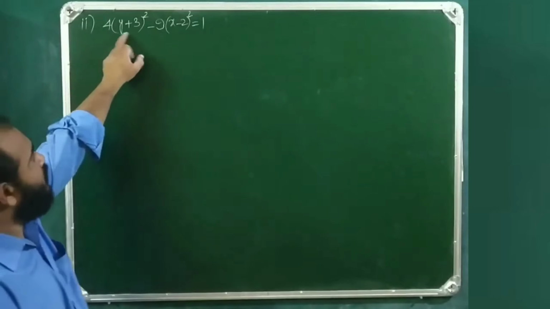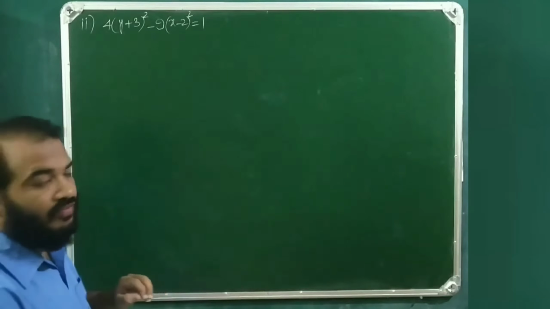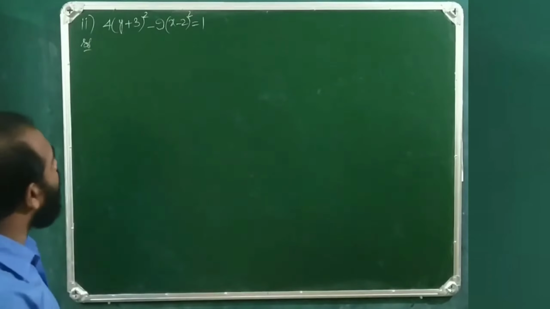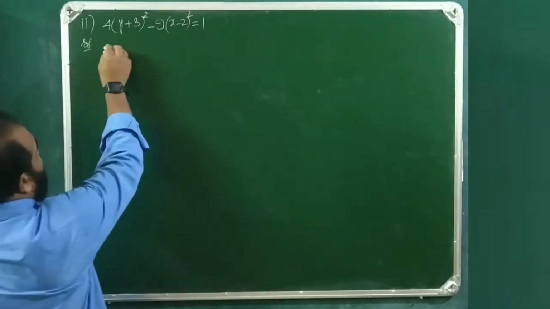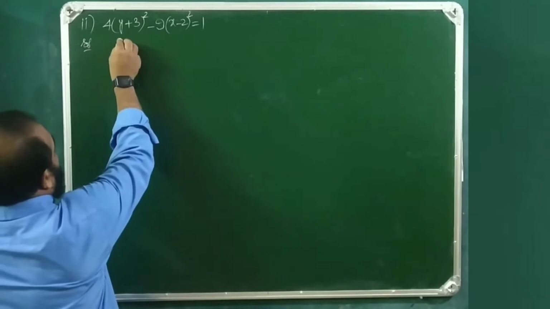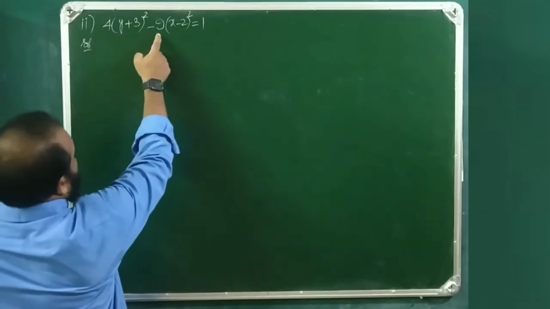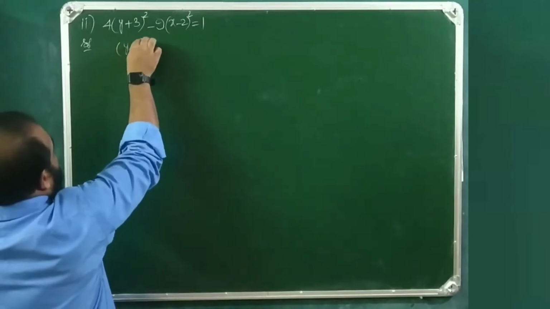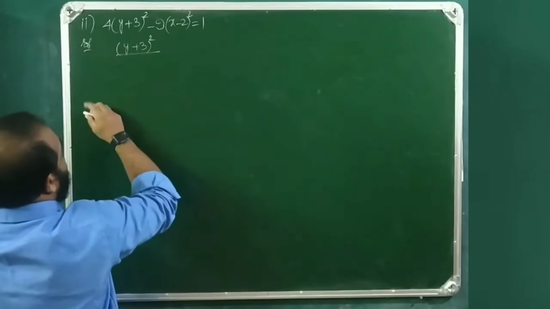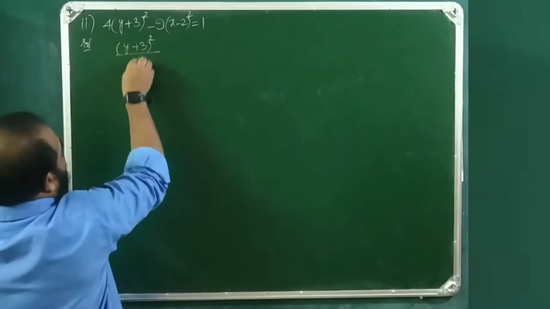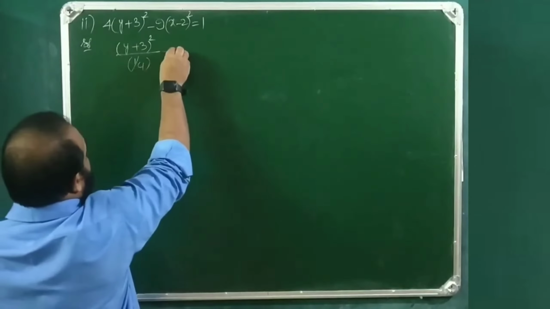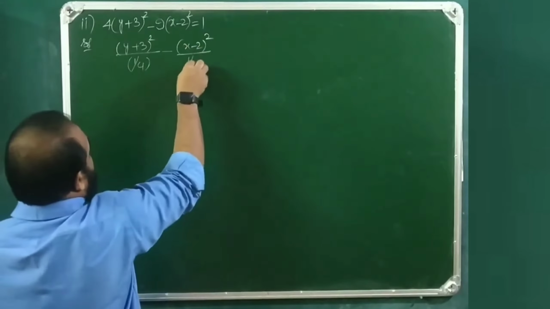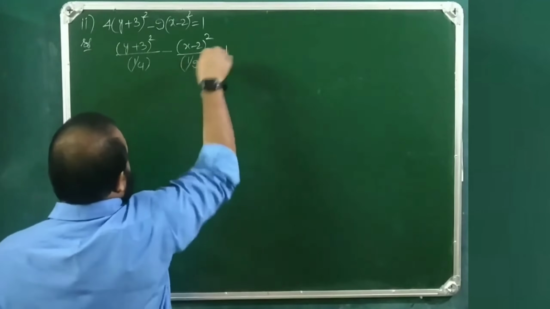4 into y plus 3 whole square minus 9 into x minus 2 whole square equals to 1. So this is the given hyperbola. This is equal to 4 into y plus 3 whole square minus 9 into x minus 2 whole square equals to 4. This can be written as y plus 3 whole square by 1 by 4 minus x minus 2 whole square by 1 by 9 is equal to 1.